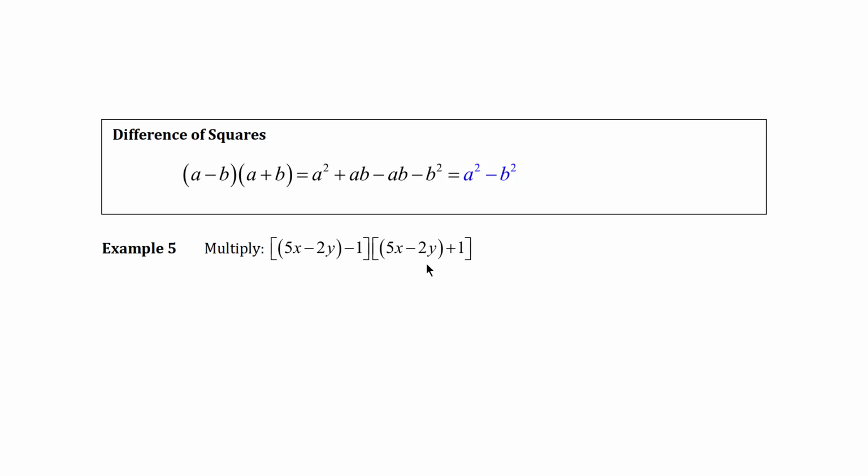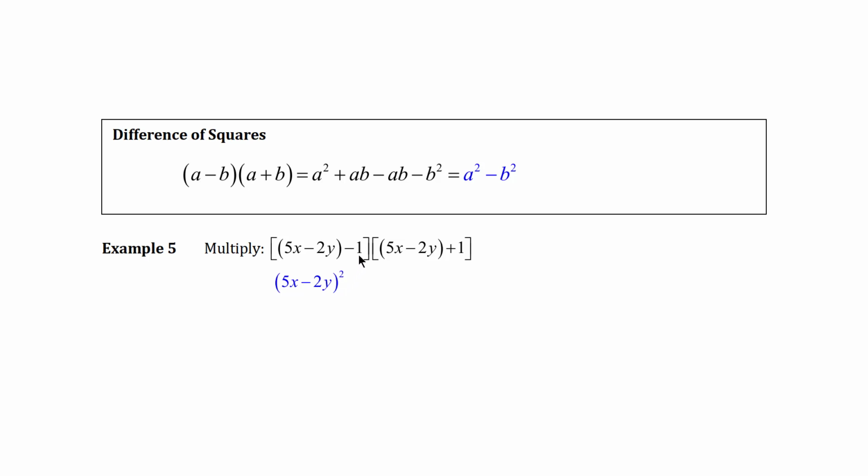We could see that this is in the format of a difference of squares. If you take a look at the first binomial, this would be a minus b, and then the second binomial, this would be a plus b. So we could apply our difference of squares formula. When we square the first term, we get parentheses 5x minus 2y, close parentheses squared, and then we subtract the square of the second term.